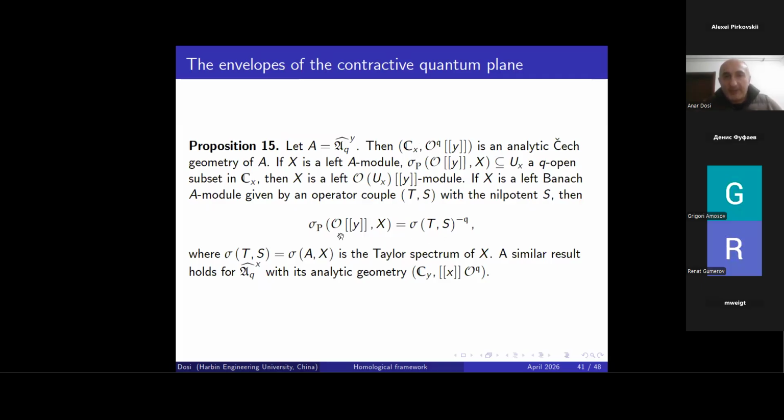Well, in the Banach case, I told you we have a couple with the nilpotent action of S. The Putinar spectrum will be a closure of the Taylor spectrum. By the way, this closure can be quite large. Even in the finite dimensional case, it can be an infinite set. So it's a spiral until infinity. Well, this one actually tells you why the Taylor spectrum is so poor in this construction. So we should take this one.